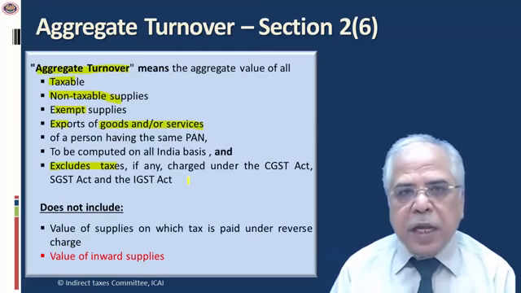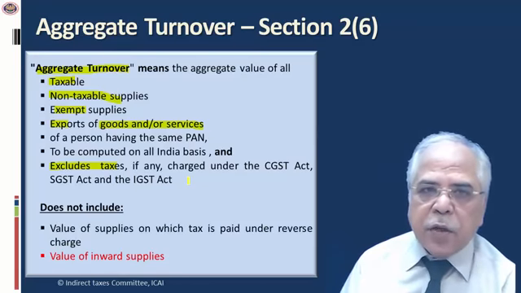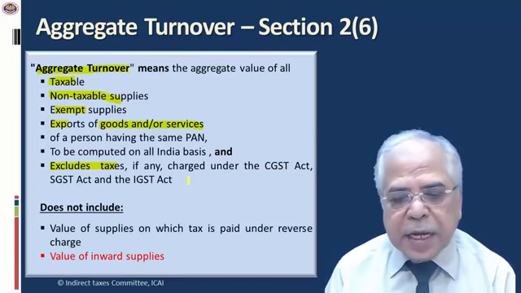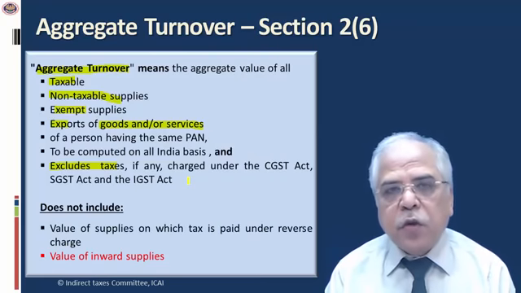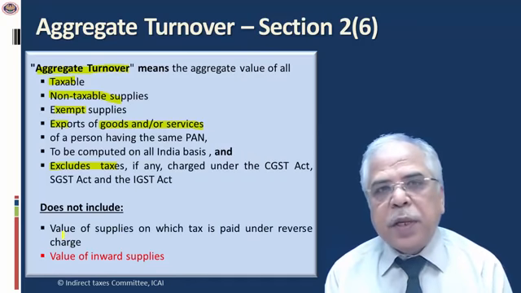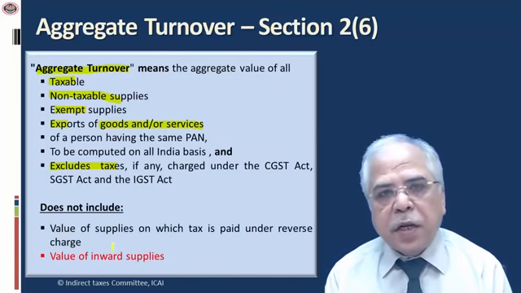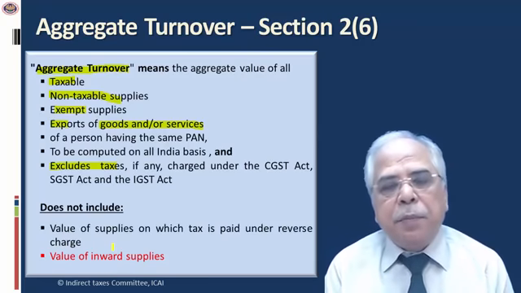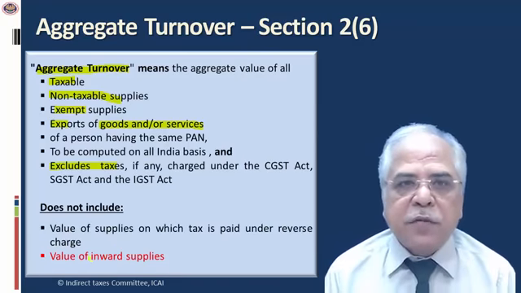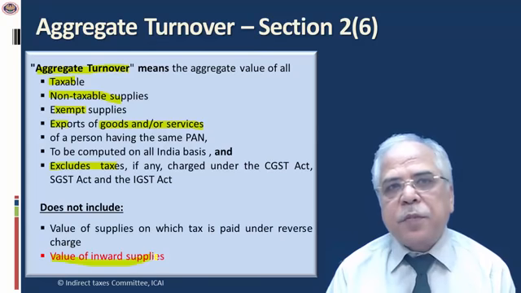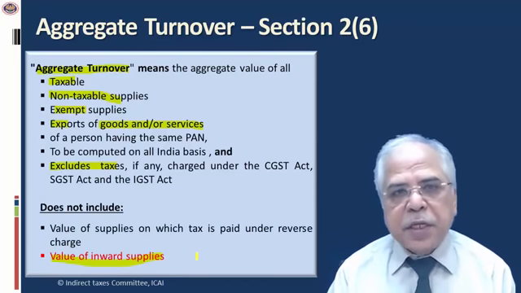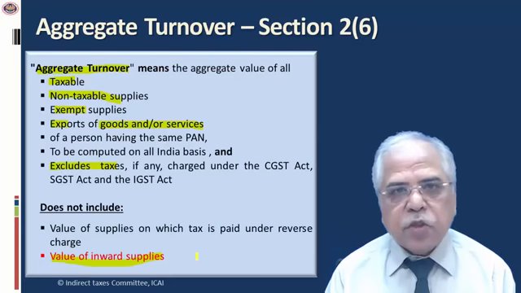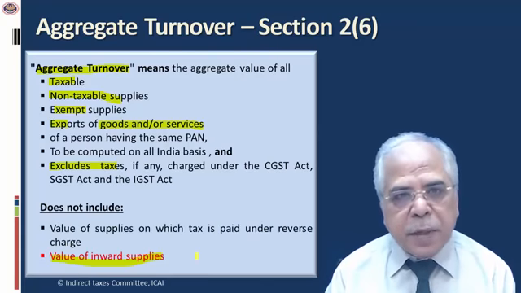What actually is to be considered is the aggregate turnover, that is, outward supplies, and it has been specifically stated that the value of inward supplies shall not be included in the definition of aggregate turnover. Meaning thereby, my purchases may be more than 50 lakh. For example, I am a businessman who starts a business in this financial year. I may make purchases just to fill up my showroom and then to make supplies.